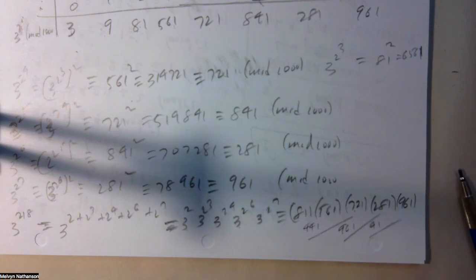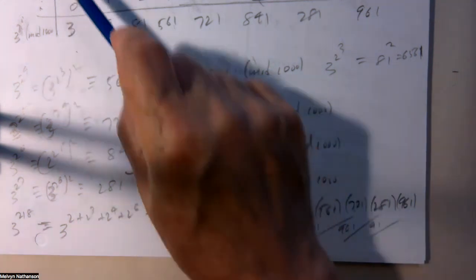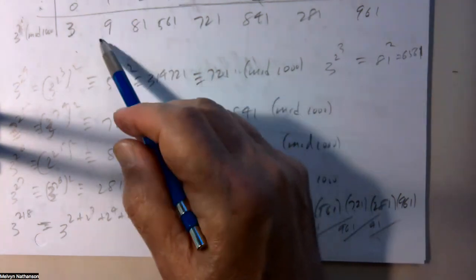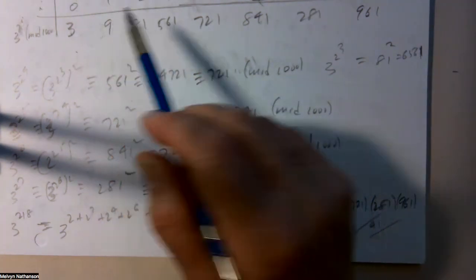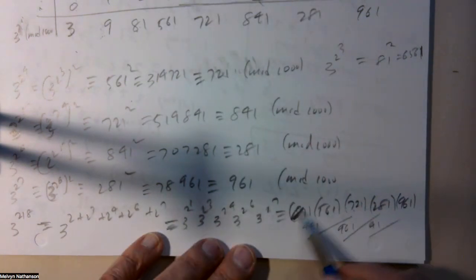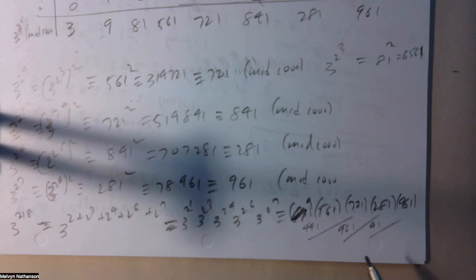So I need to multiply these numbers together and reduce it modulo 1000. Oops, sorry, here's my mistake. It was 3 to the 2 to the first power, which is 9. It's not 81. It should be the 9 here. That's correct. This is 3 squared. So now, let me do it again carefully.